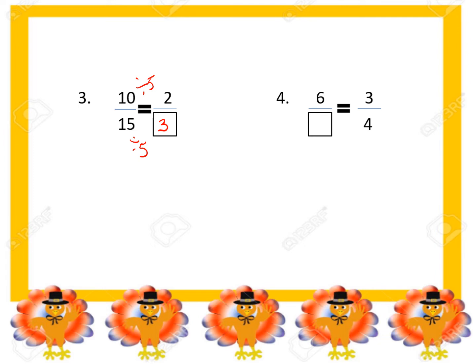Okay, and over here, 6 to 3, it got smaller, so we know we have to divide to make a number smaller. 6 divided by 2 equals 3, or work backwards: 3 times 2 is 6, so 4 times 2 is 8, and 8 divided by 2 is 4. Remember to work backwards if we have to.